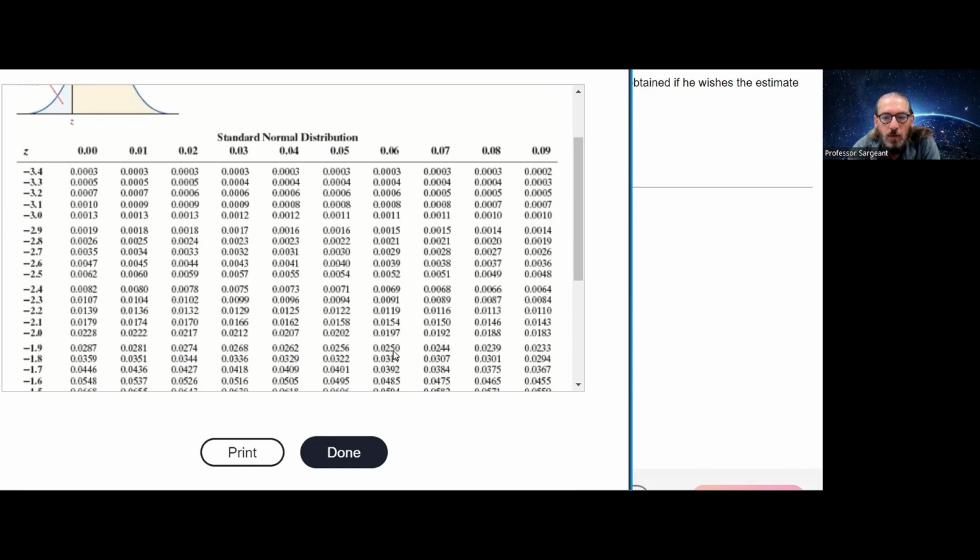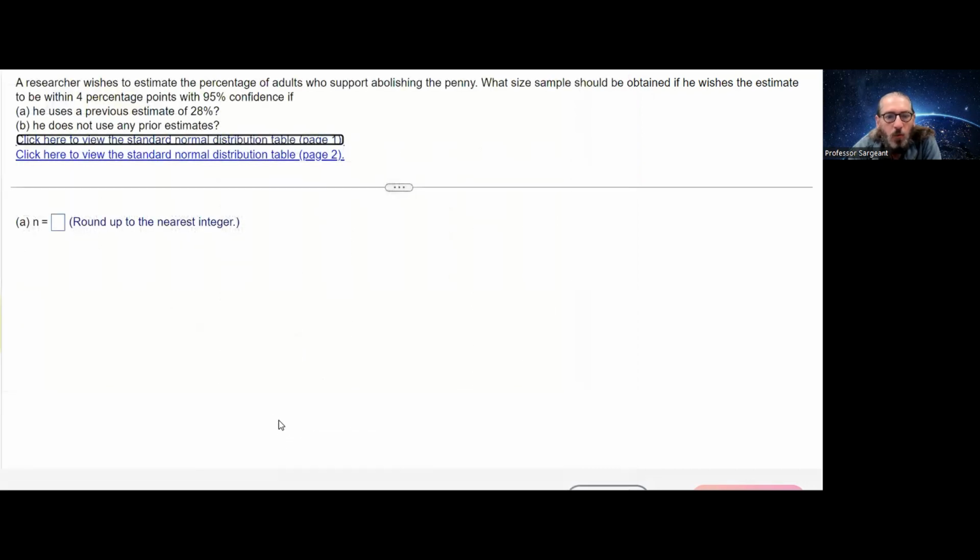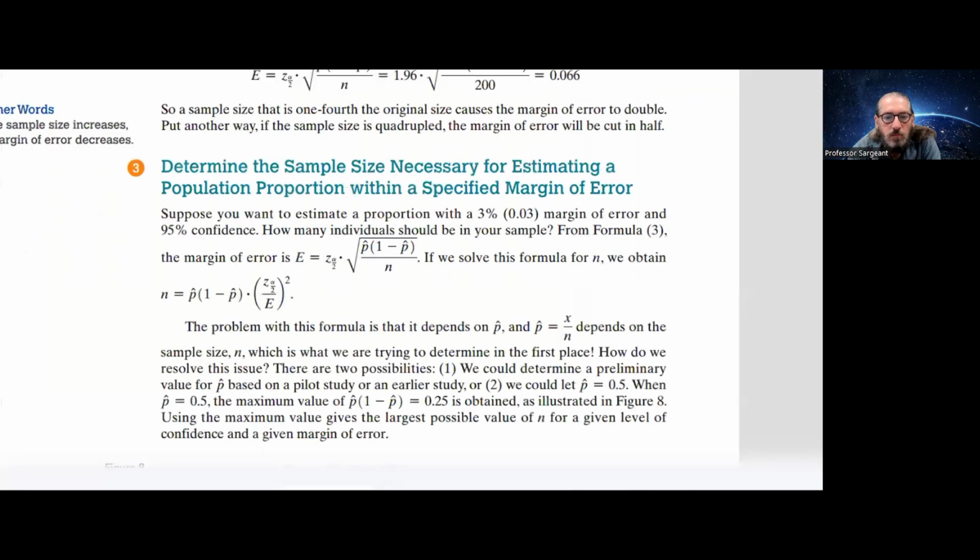Right there, negative 1.96 would give us 0.025. Whether I said negative 1.96 or positive, that's going to get squared anyway.